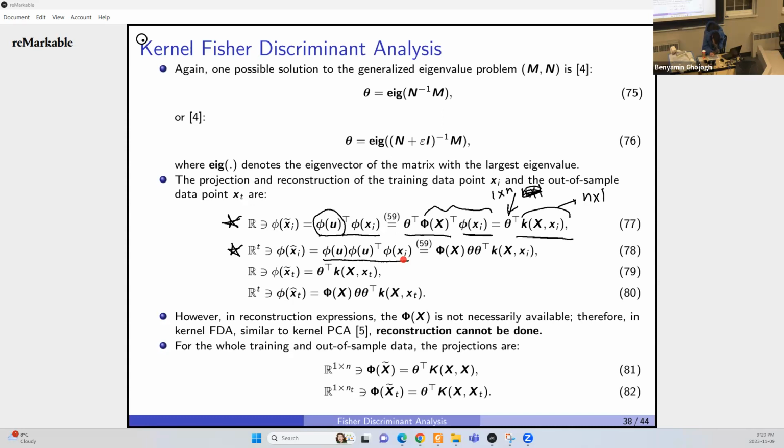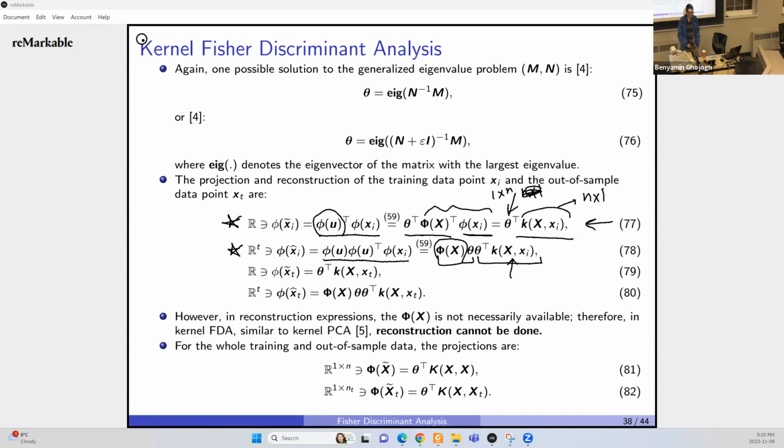Now what happens? Guys, please take a look. This is important. Phi U transpose phi Xi, which we just found in equation 77, is this. Phi U according to representation theory is phi X theta. We have theta, we have the kernel, we are happy about it, but we have phi X, we are unhappy about it. Do we have phi X? Not necessarily.